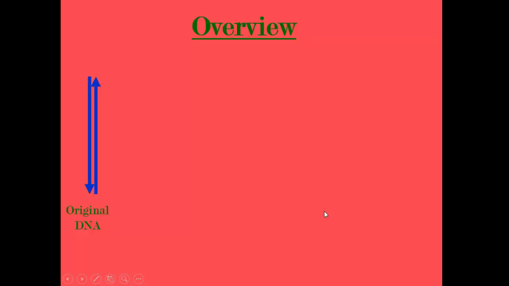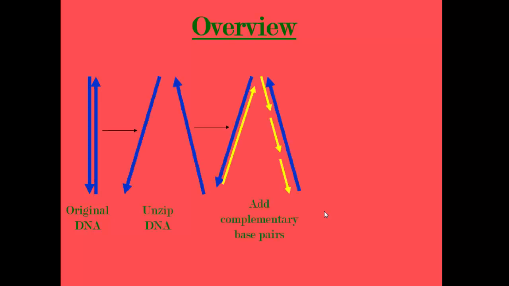So as a quick overview, we have our original DNA, which is 2 strands moving in opposite directions to each other. We're going to unzip our DNA, add complementary base pairs in the 5' to 3' direction of the new strand, and we're going to have our one leading strand and our lagging strand that consists of Okazaki fragments.